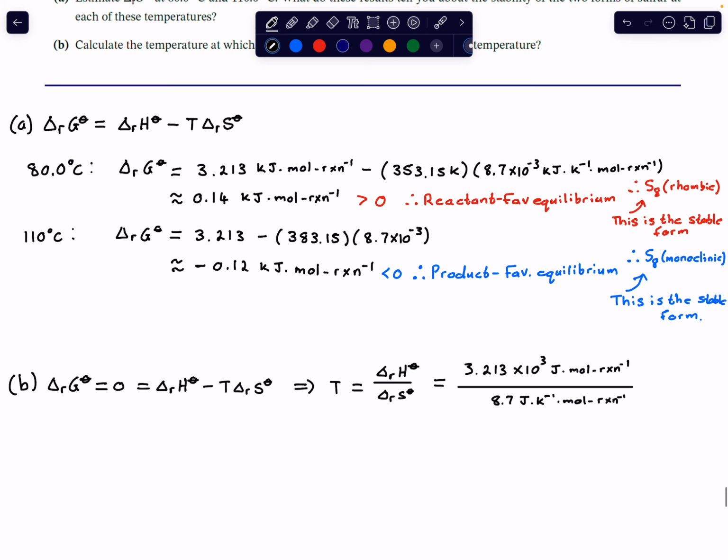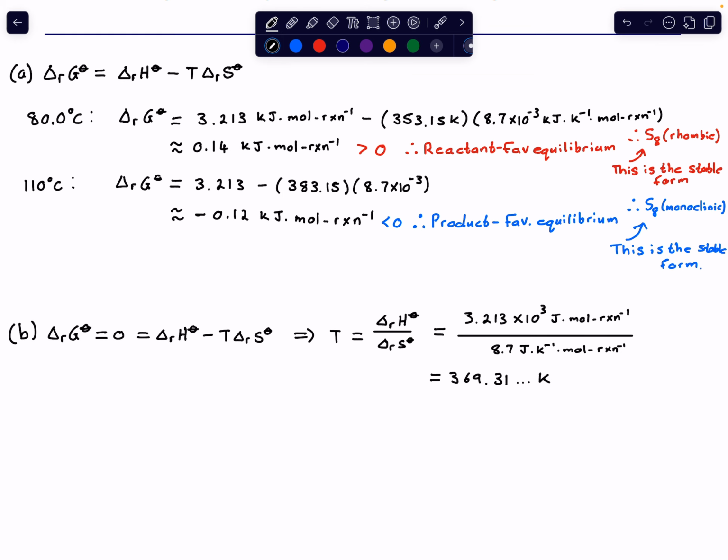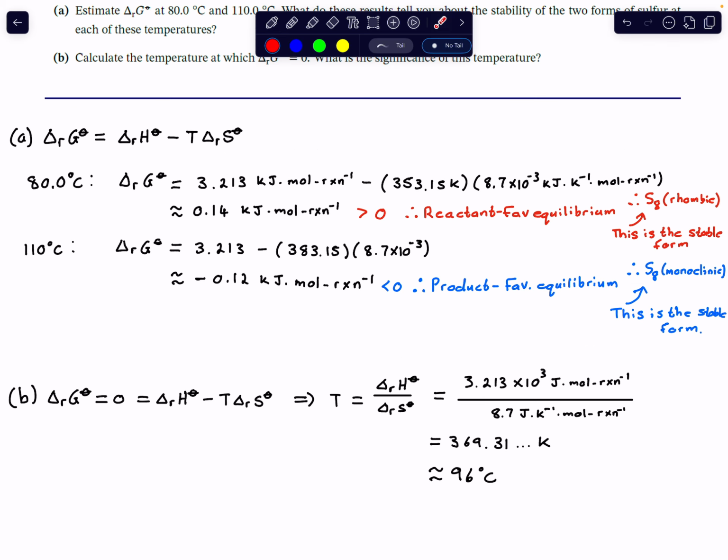And then the value that I get here is 369.31 Kelvin. That one looks kind of weird, but if you put it into degrees Celsius terms, you get 96 degrees Celsius. And what is 96 degrees Celsius?